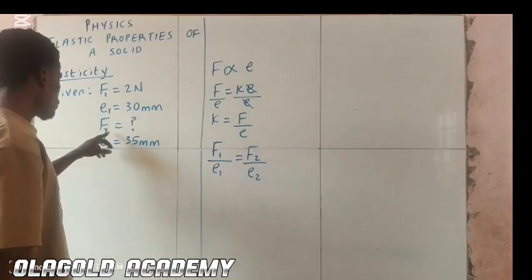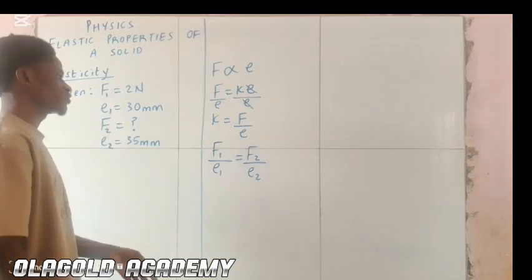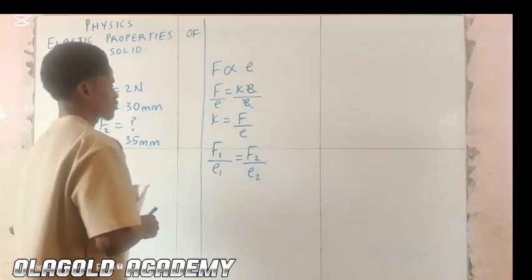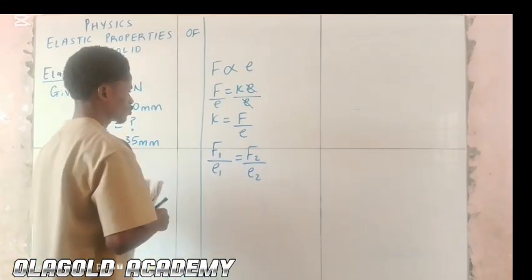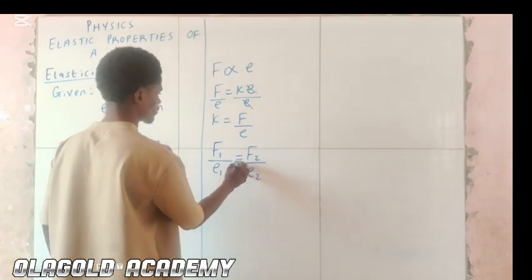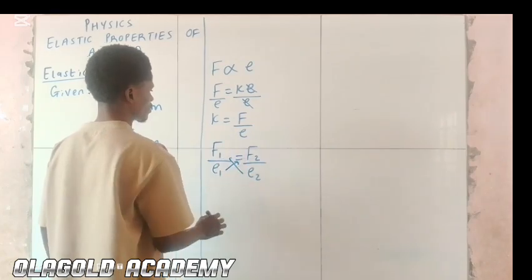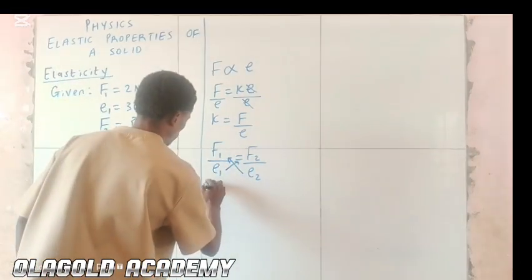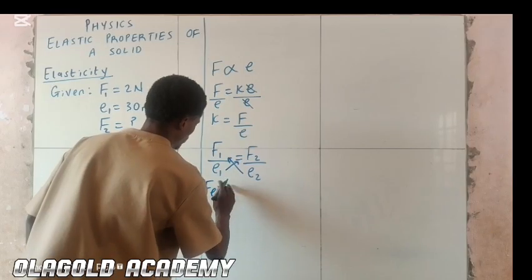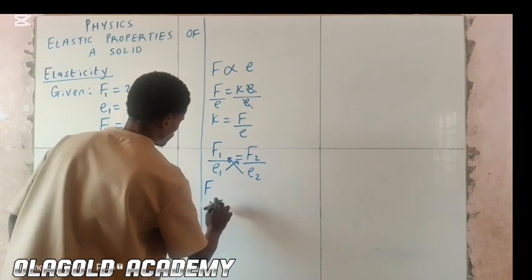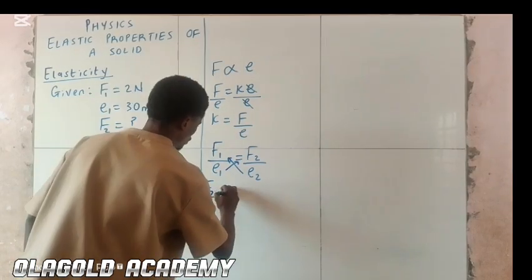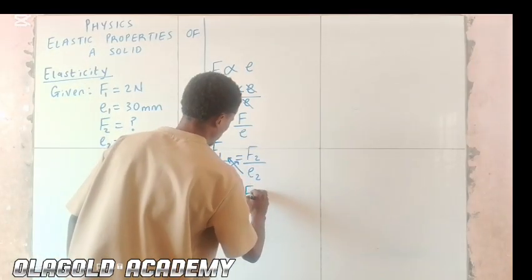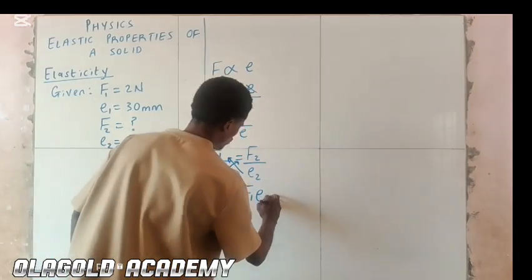Remember, we're looking for F2. So what do we do? We make F2 stand alone by cross multiplying. So if I bring this one here and bring this one here, I'm going to have F2 multiplied by E1 to be equal to F1 multiplied by E2.